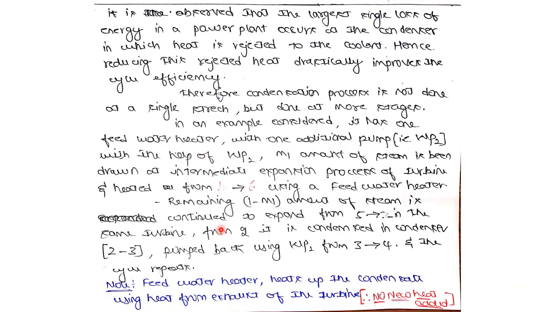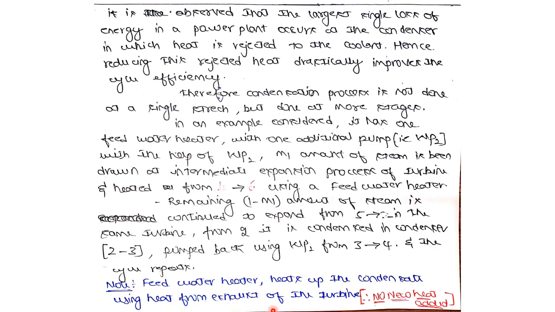This particular note is very important. Feed water heater heats up the condensate using the heat from the exhaust of the turbine. So the heating of the feed water heater takes place from the heat which is coming out from the exhaust. You are not investing a new quantity of heat into it. You are not giving fuel to it.